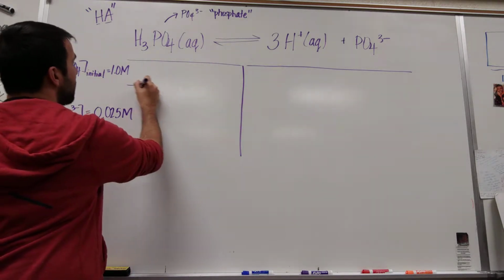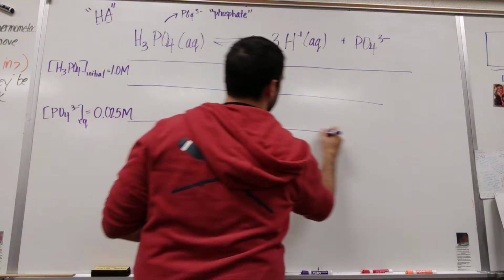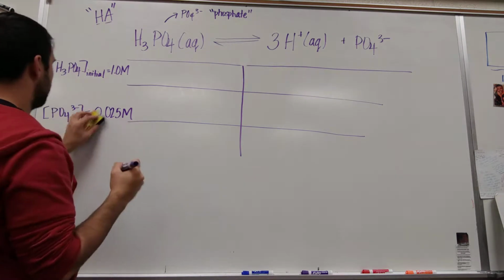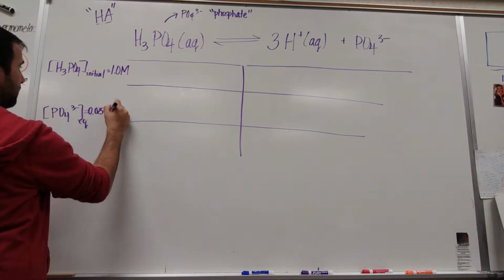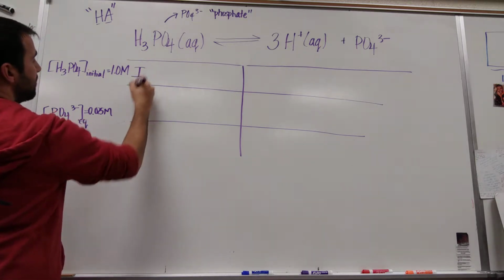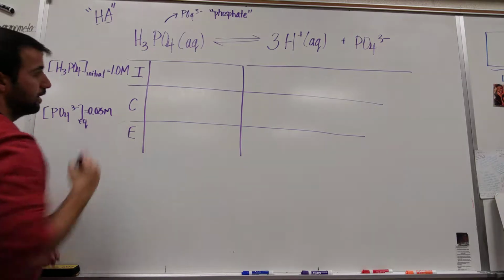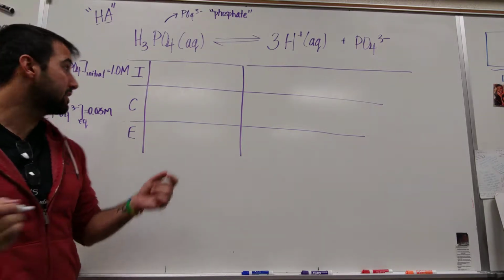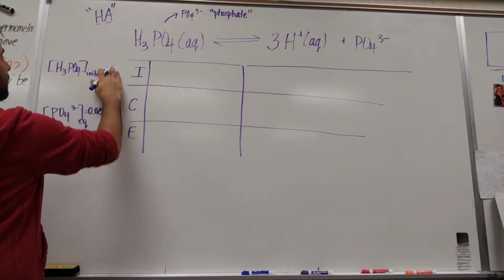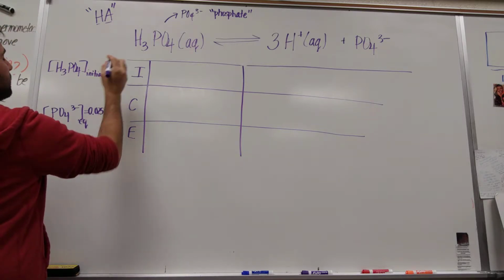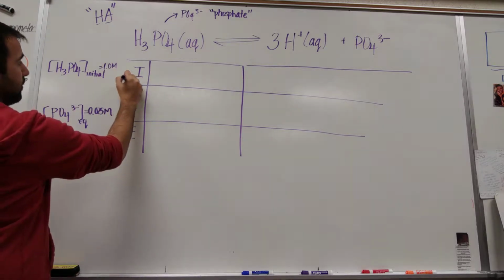So if I want to begin to write my ice table, it has 3 columns. Okay, I'm going to erase a little bit of this so we have room. 0.025 molar. Alright, so if I do my ice table, ICE, this is like my BCA table, so instead of B for before, we use I for initial.